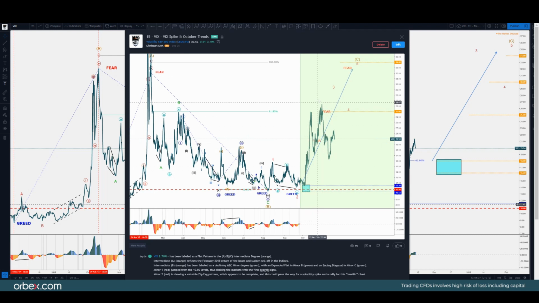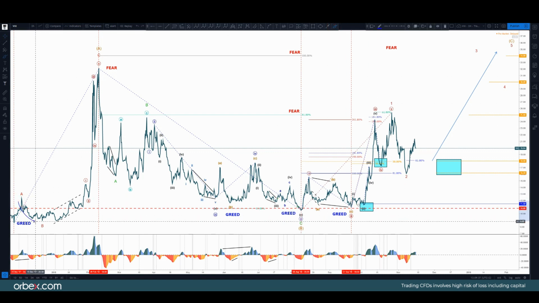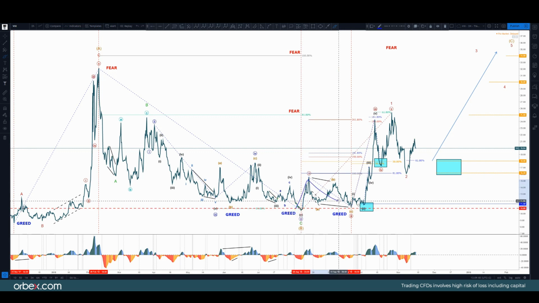Now the indices suffered a lot during this, and suffered some impressive sell-offs. So the way I'm labeling this, I'm looking at this as the first sequence, second corrective, and then this could be breaking above that point, right? So the way I'm labeling it is 1, 2, 3, 4, 5.